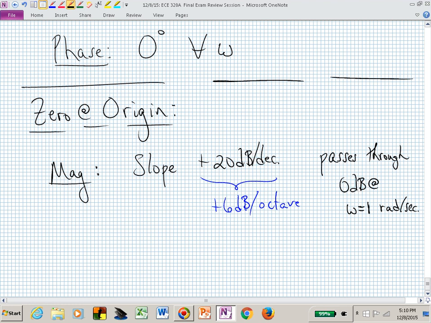That's what I'm trying to communicate by this sentence after the magnitude associated with the 0 at the origin. What's the phase? That's 90 degrees for all frequencies.